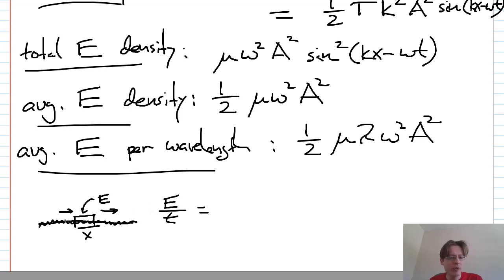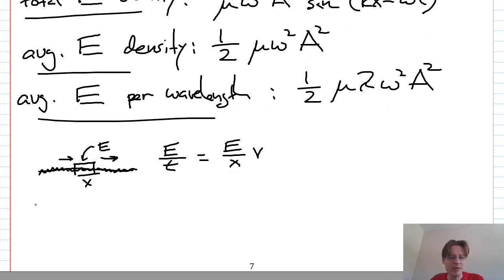The time that's spent is just x over v, the distance over the rate. So this is going to be the same thing as E over x times the velocity. So that way, if I want to know the power, the energy per second, I take the energy density, the energy per meter, and multiply it by the velocity.